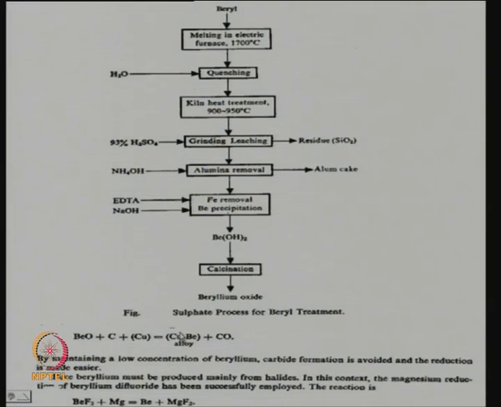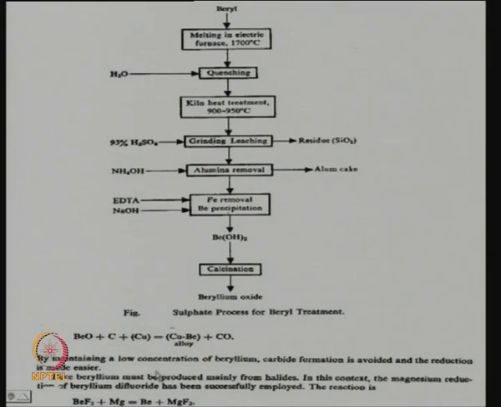Now, of course, this is when you want to produce copper beryllium alloy. Now, you might like to produce pure beryllium. In that case, this process will not work, because you cannot produce pure beryllium by carbon reduction.